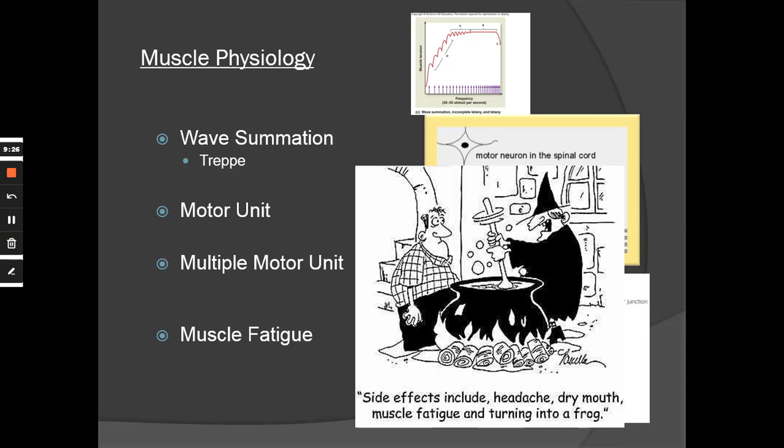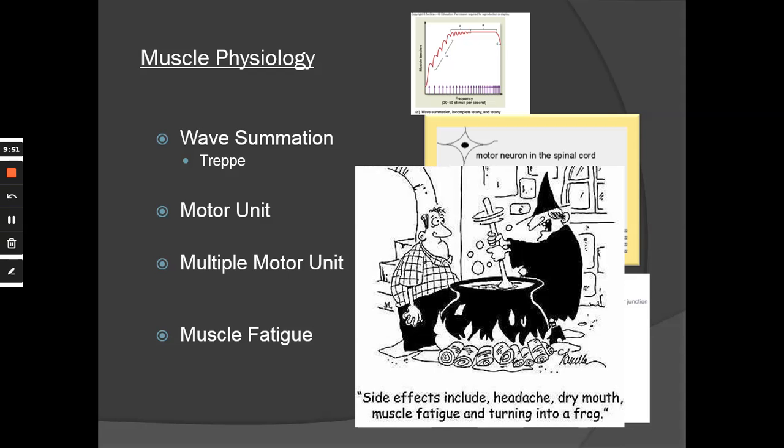Why would that even occur, if what we said was that with multiple motor units, some are going to be contracting, some are going to be relaxing in that muscle? We're trying to delay this muscle fatigue.